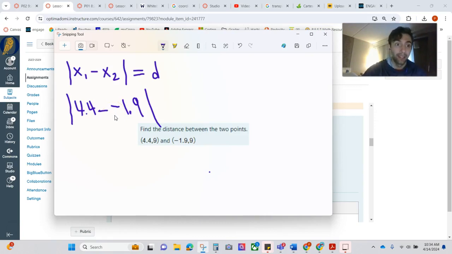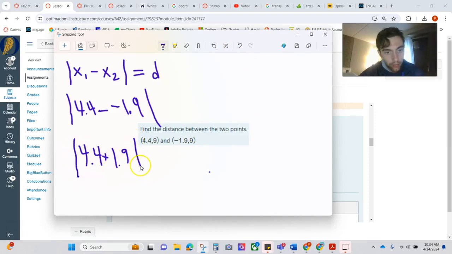If you lose a bad thing, like you're no longer sick anymore, that's good. That's adding. So I'm going to rewrite this in a simpler way: 4.4 plus 1.9. Minusing a negative is the same thing as plusing.